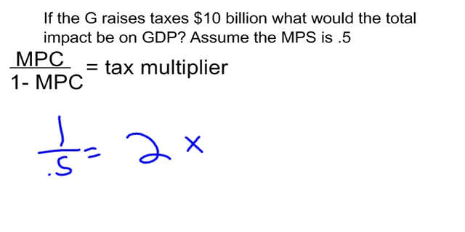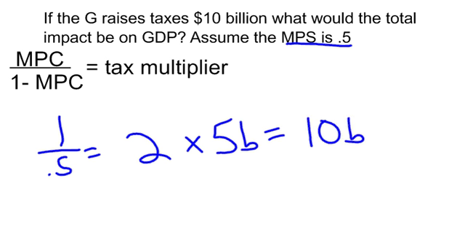When you change people's taxes $10 billion, if the MPS is 0.5, then they're going to save half of it. So you're actually going to change spending by $5 billion. 2 times the $5 billion is a change of $10 billion. Same result as when you use the tax multiplier.